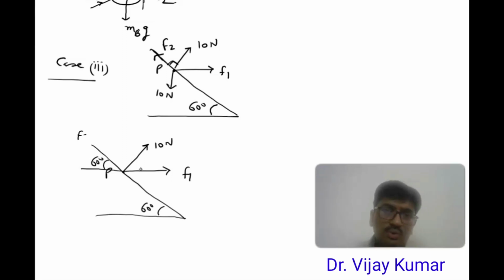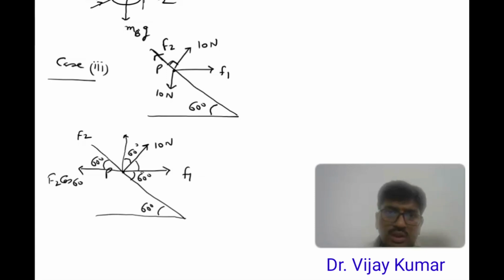This is F2, and in the perpendicular direction it should be 30 degrees, and it should be 60 degrees.